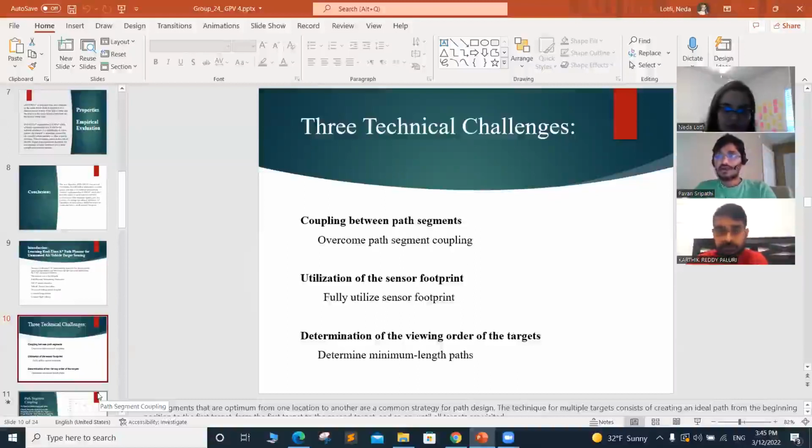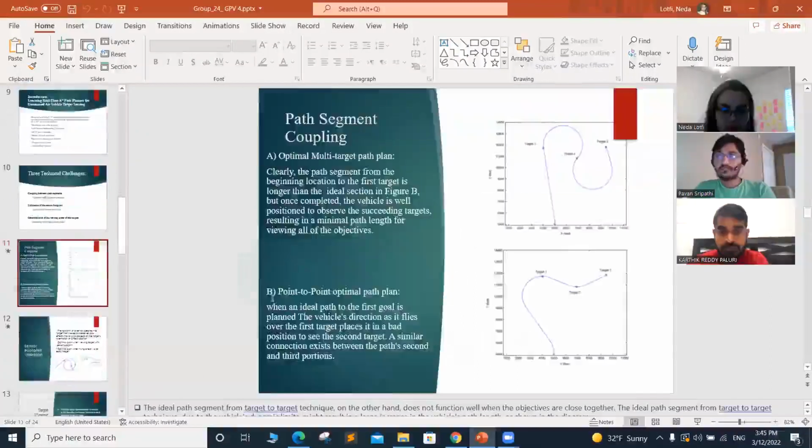So the next slide deals with path segmentation. In this path segmentation, the figure contains two plans for the path from the starting point to target 3. We have the point-to-point optimal path plan as well as the optimal multi-target path plan.